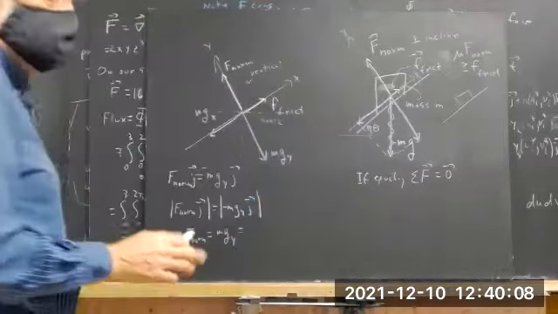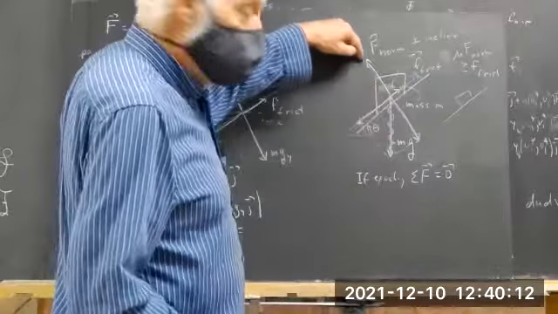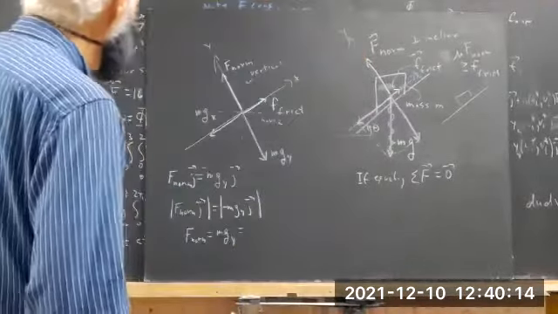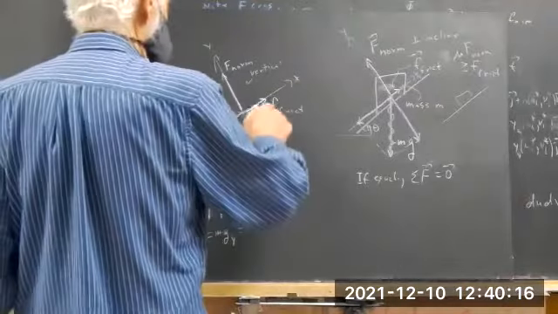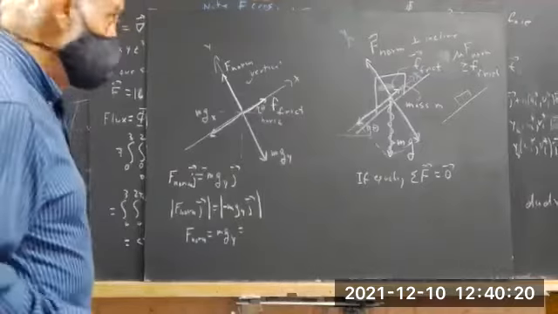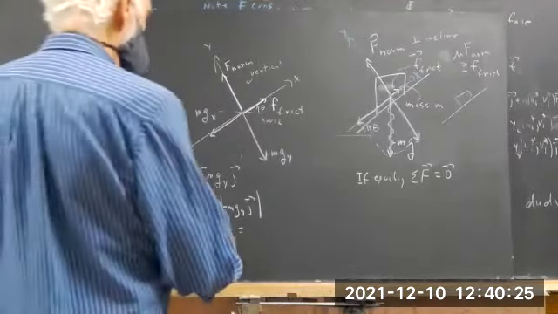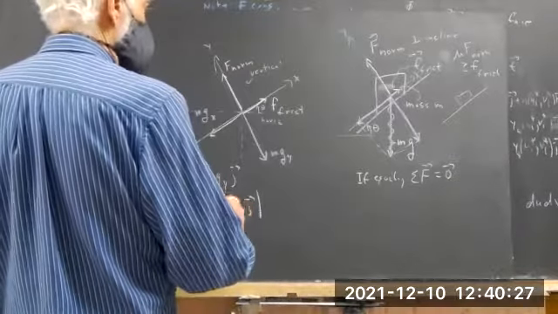X and Y are no longer vertical and horizontal. You set them up this way so that this component is equal and opposite to this one, okay? So you got the horizontal, and here's your theta. Okay. So mgy is what?